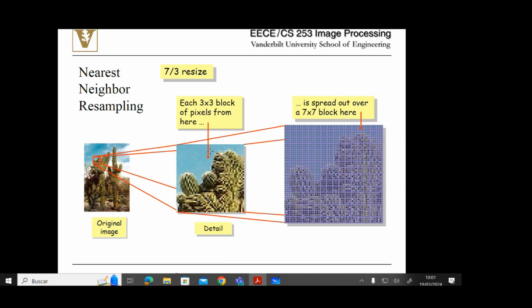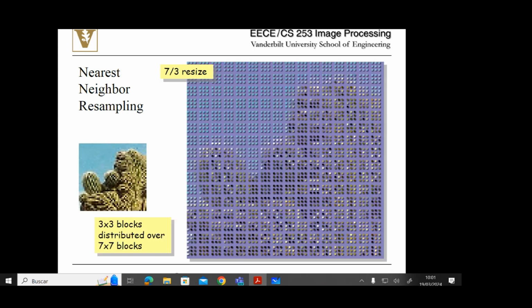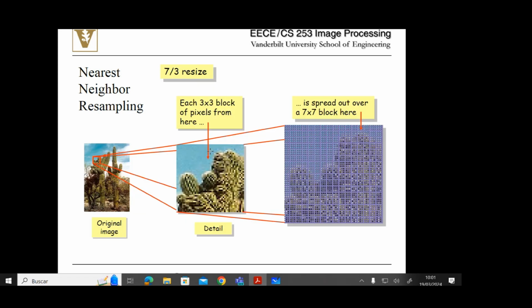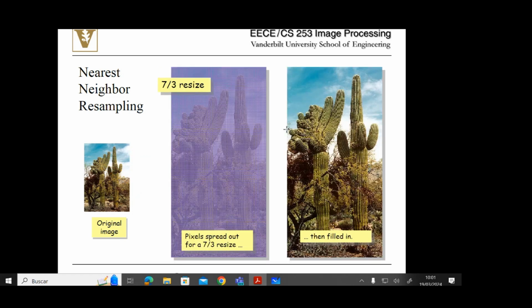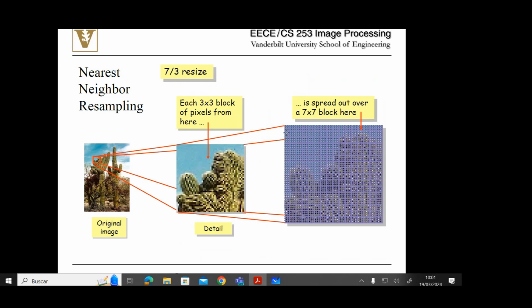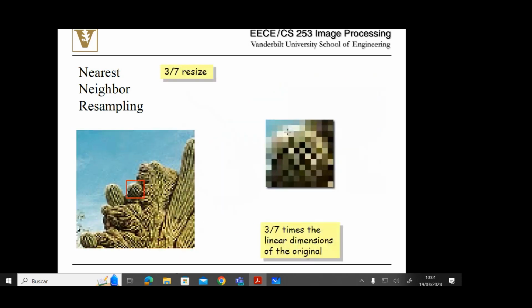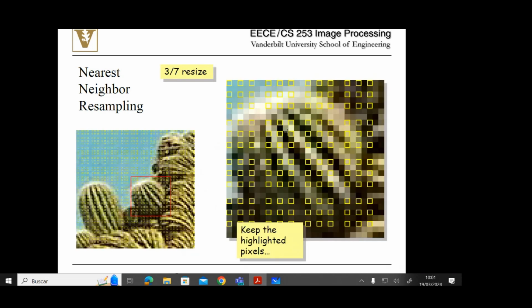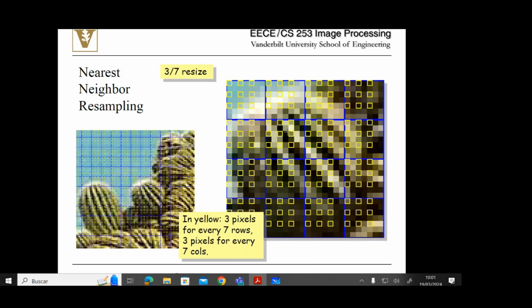So what we can do is something similar. You take blocks, but you take blocks of 7 times 7, so it is the opposite of this. In the output, you create blocks of 7 times 7, and then you fill these 3 times 3 pixels from the original data.